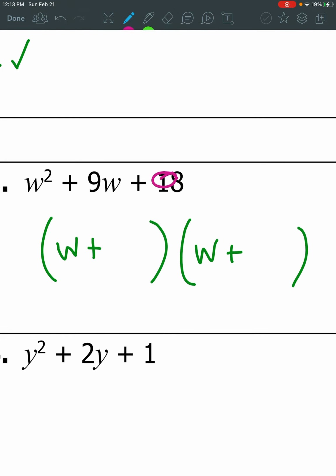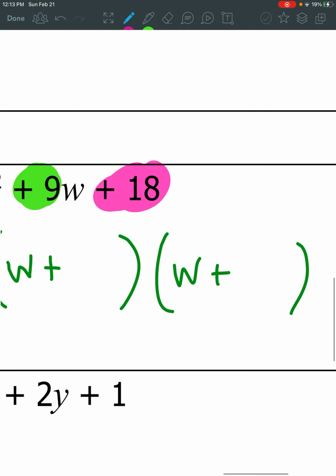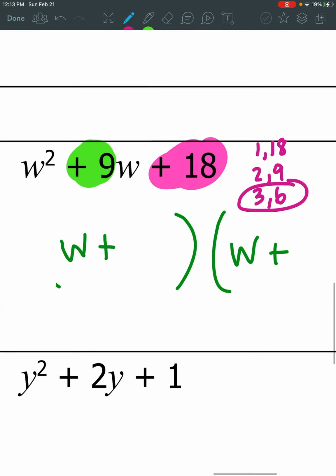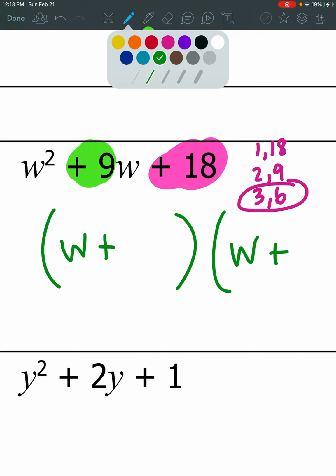So we want to multiply to 18, and we want to add to positive 9. So we've got 1 and 18. We've got 2 and 9. 3 and 6, and there we go. 3 and 6 multiply to 18, and they also add to 9.